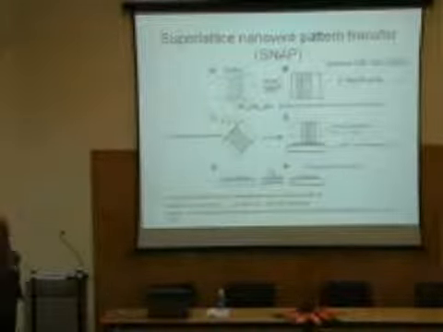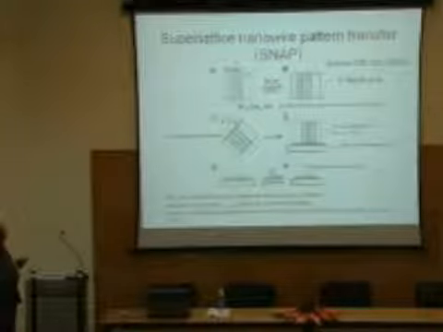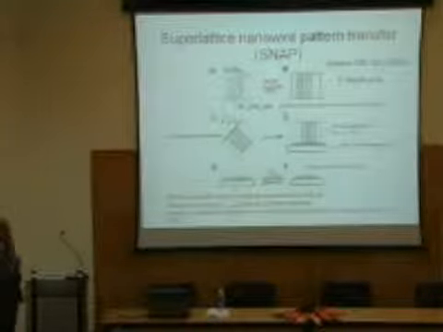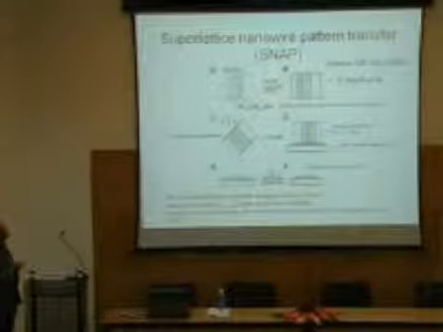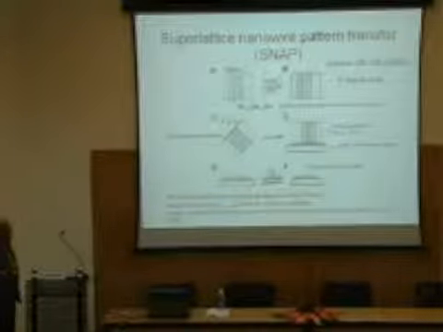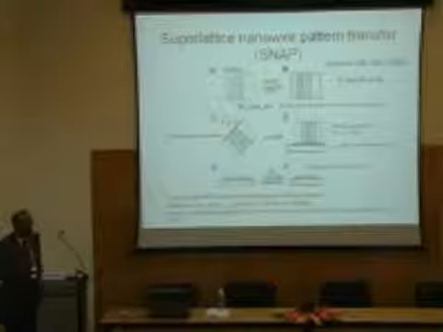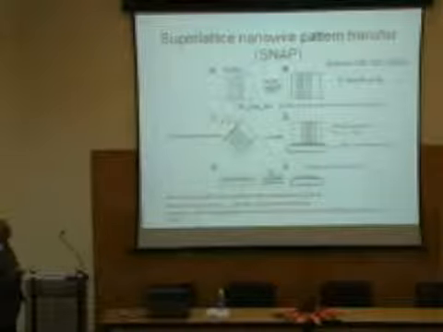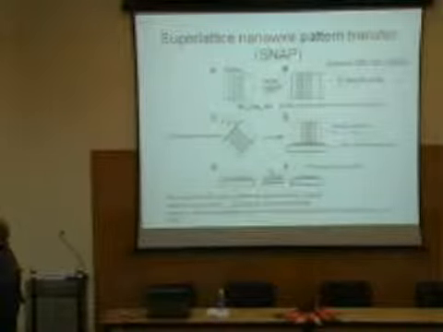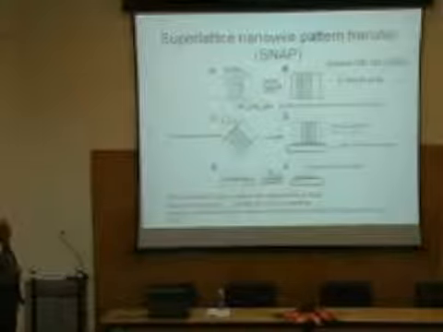This is the work of James Heath at Caltech, I think, and this is the modern technique of making nanostructures, called the superlattice nanowire pattern transfer technique.